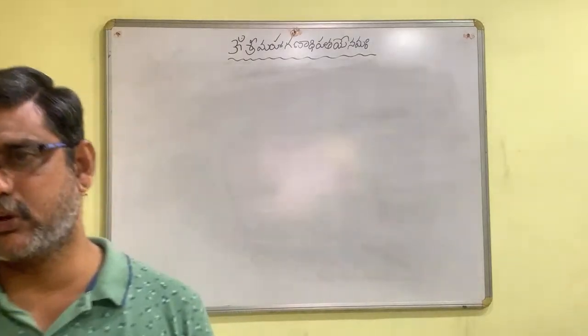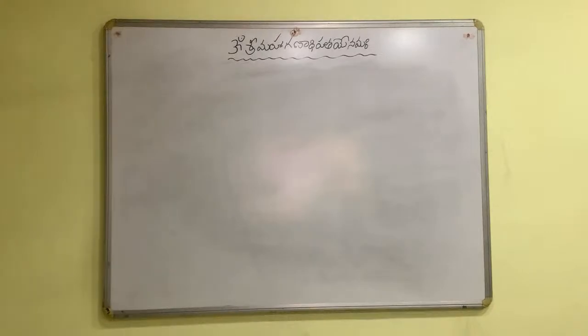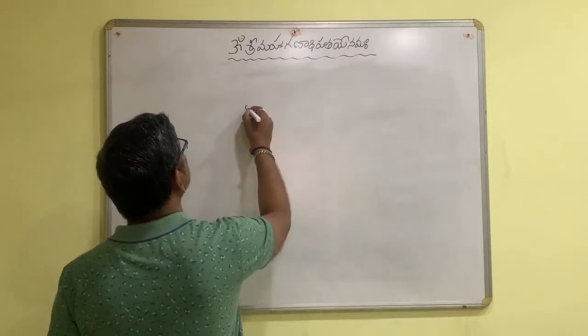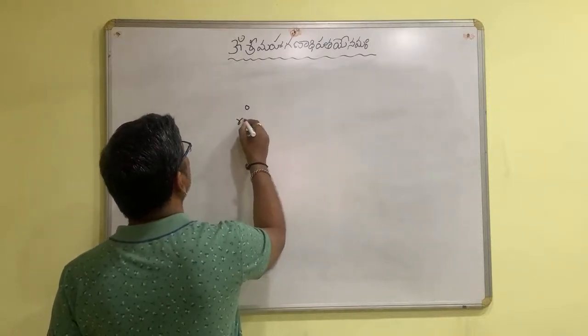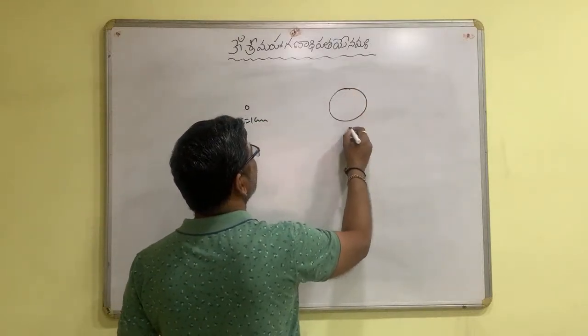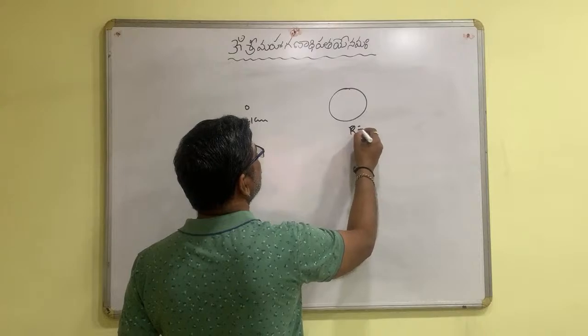So today's first question. How many lead balls, each of radius 1 centimeter, can be made from a sphere of radius 8 centimeters? See, a lead ball means a small sphere of radius 1 centimeter, and there is a big sphere of radius 8 centimeters.